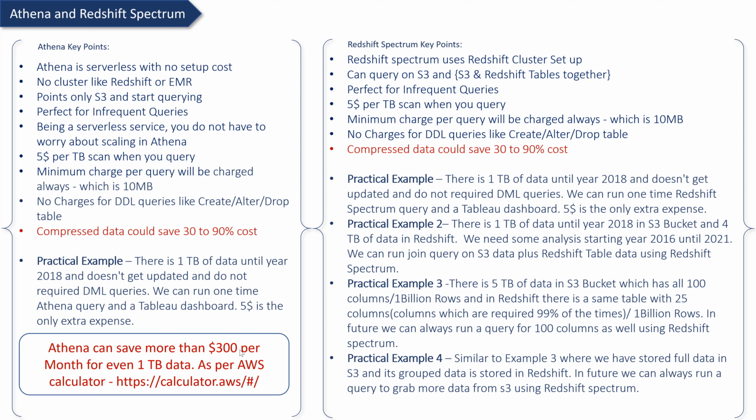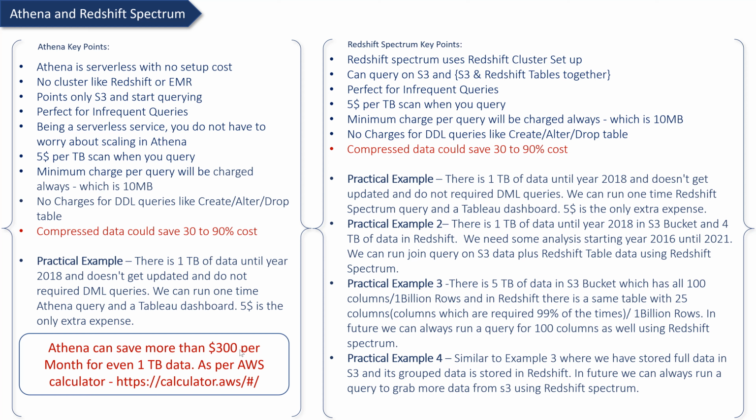The 1 terabyte is old data, and the 4 terabytes in Redshift is hot data, which you are querying every day, which all of your analysts are querying and making reports with. So you need some analysis from year 2016 until 2021. What you'll do is run a join query using Redshift Spectrum on the S3 table, which is the external schema, plus the Redshift table, which is on the internal schema. So you can do that.